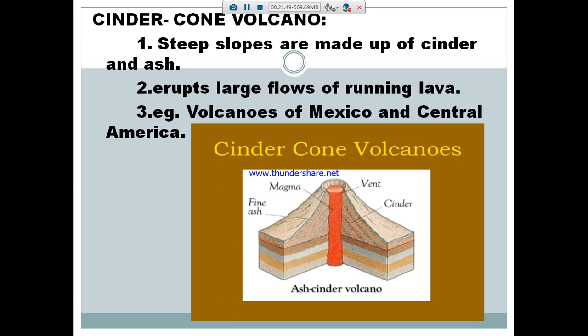So it's a very dangerous volcano because the lava flows severely and it gives a very violent explosion. It looks like a bomb explosion, with sudden crashes. So it's a very dangerous volcano.